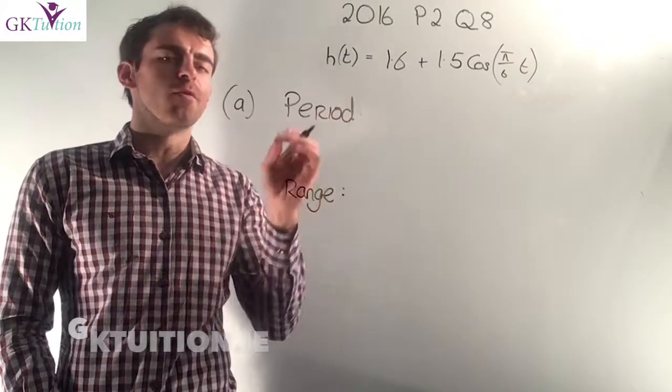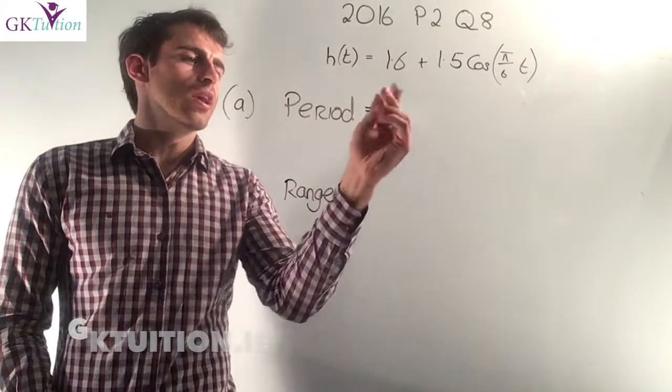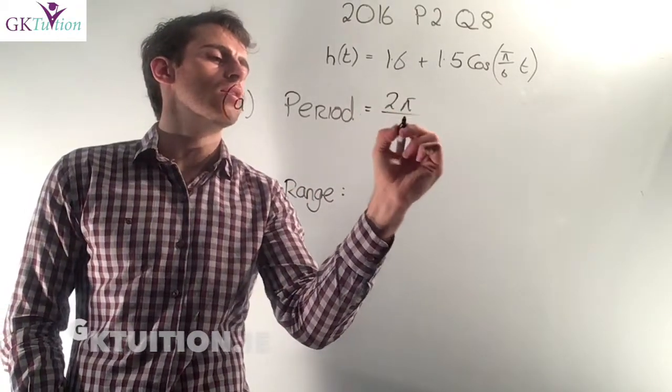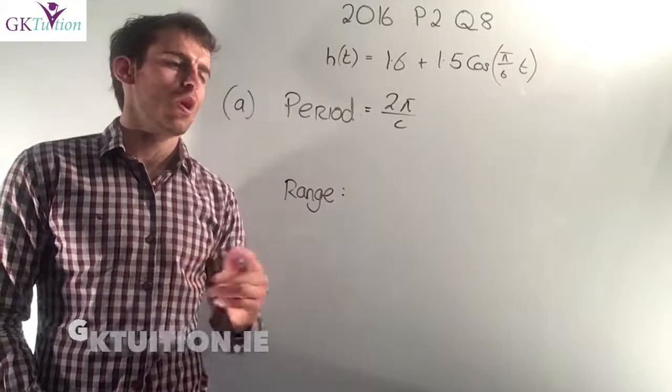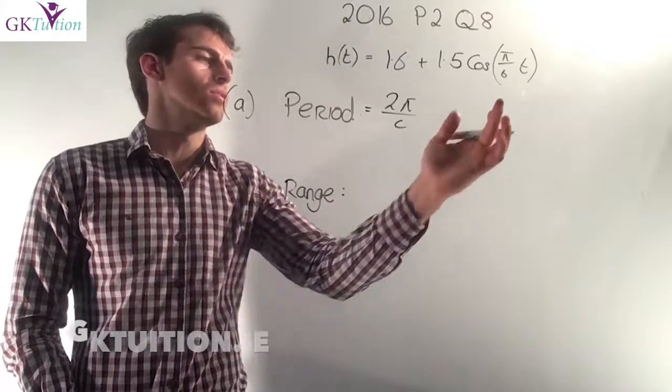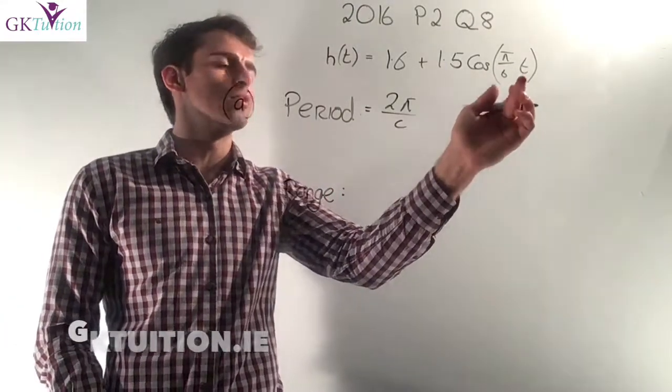Now you should know a formula to find your period. In one of these trig graphs, the period is given as 2 pi divided by c, where c is the coefficient of t. Or in other words, c is the number in front of your variable.